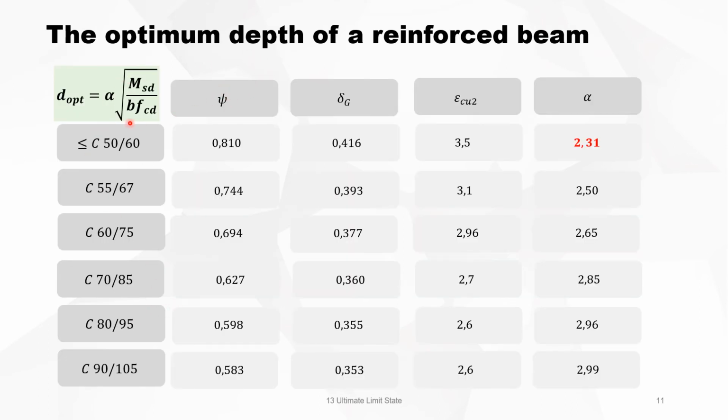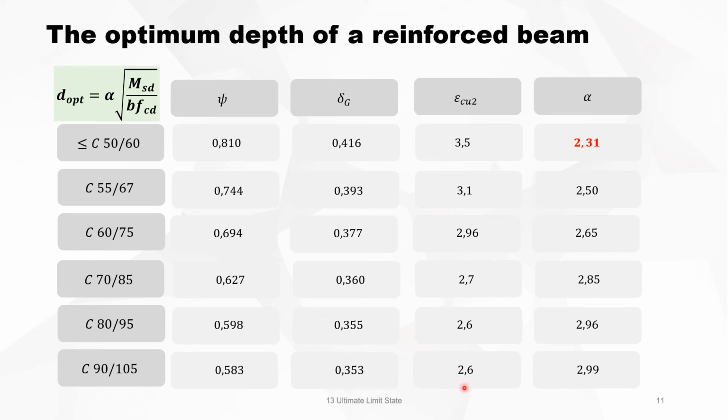Consider this table. These are different concrete grades, from smaller than C50/60 up to the high strength concrete C90/105. These are the filling coefficients, the point of gravity delta G, and epsilon Cu2, you see that this is declining.